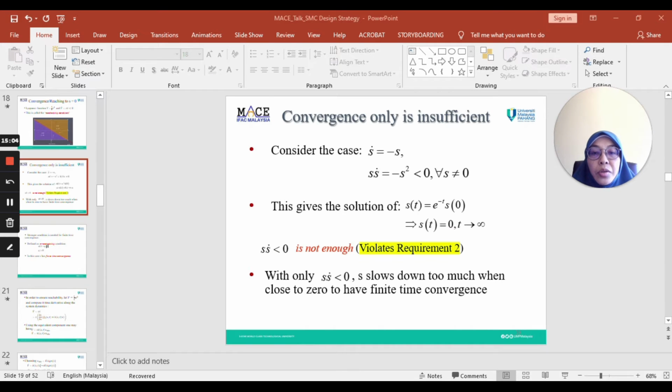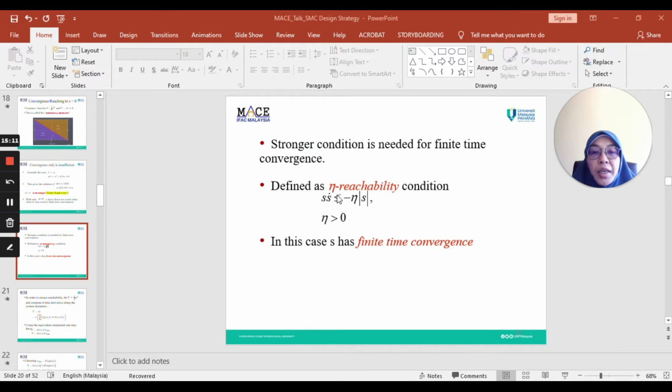This is not enough for requirement number 2, so we have to define the eta reachability condition, which is S dot times S less than or equal to minus eta times absolute S, where eta should be greater than 0. Only in this case do we have finite time convergence.